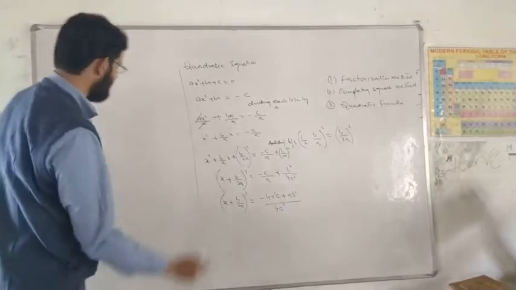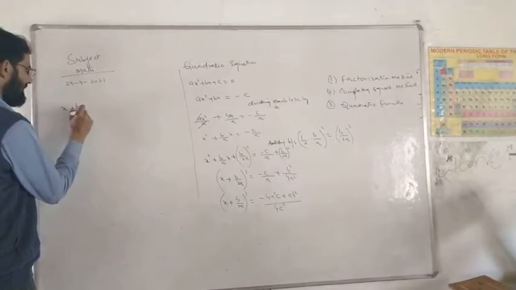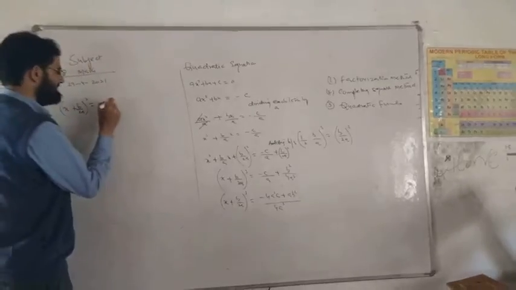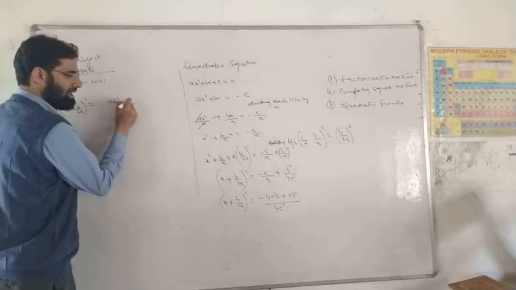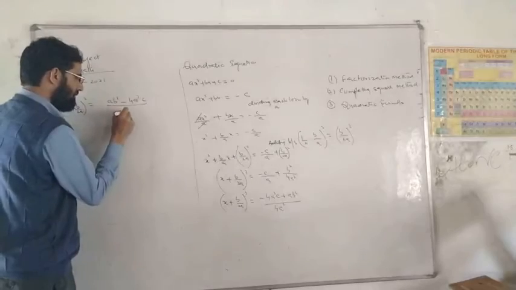So proceeding further, x plus b by 2a whole square is equivalent to, let's write this, ab square minus 4a square c divided by 4a cube.